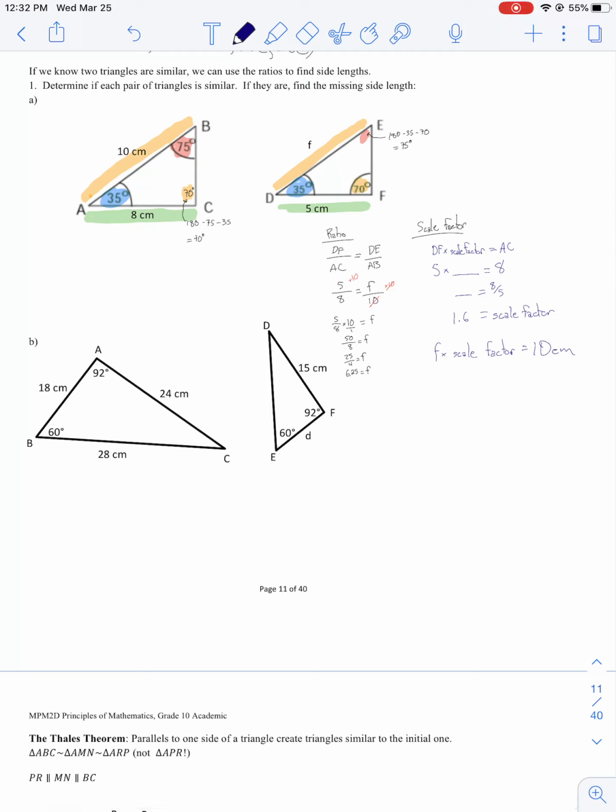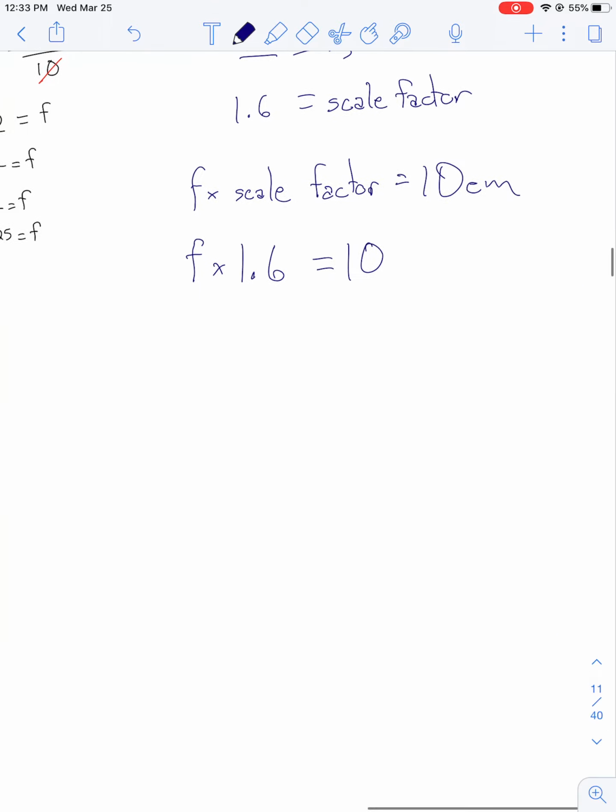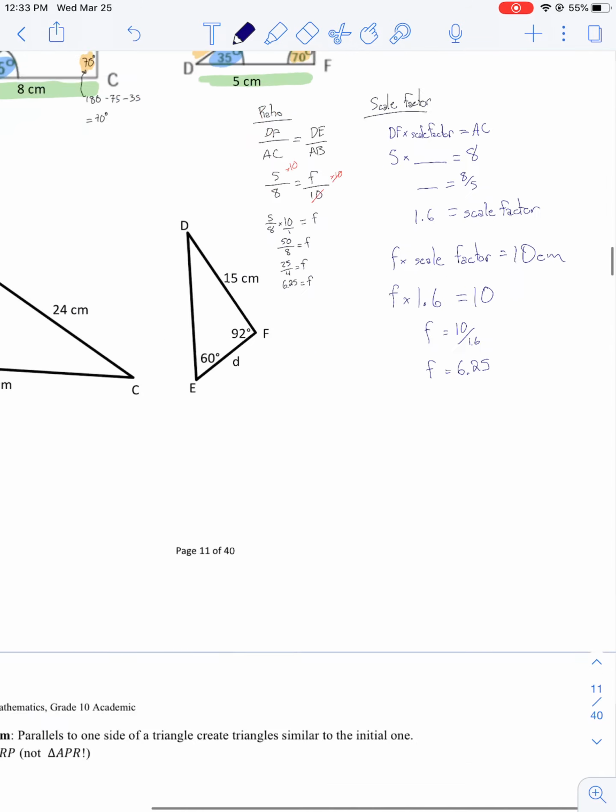So f, we don't know what f is, that's what we're trying to solve, times, we do know our scale factor is 1.6, needs to equal 10 centimeters. So f times 1.6 is equal to 10. So if we divide both sides by 1.6 and say that 10 divided by 1.6 will equal f, that's a bad decimal, but throw that in your calculator and we get the answer of 6.25.